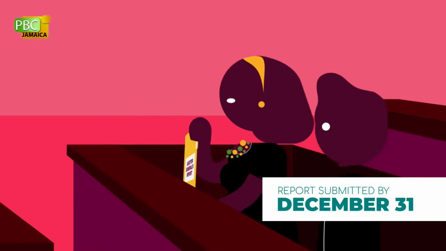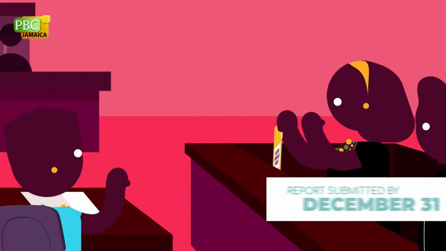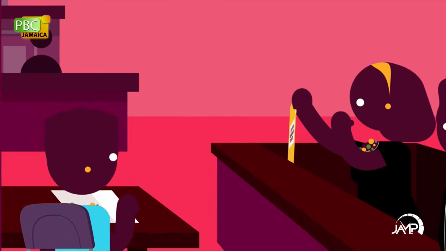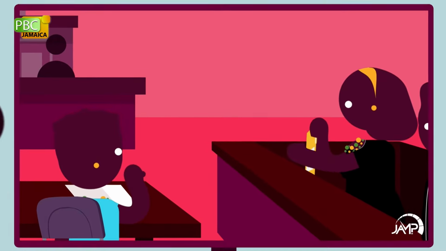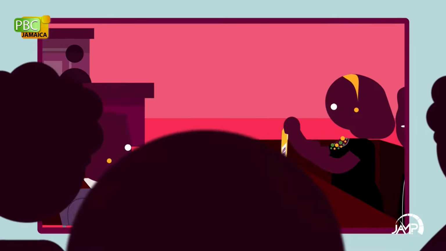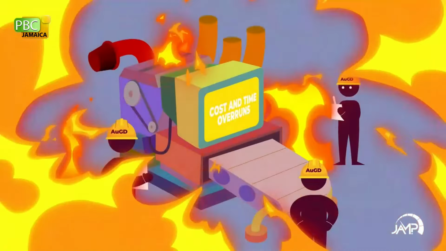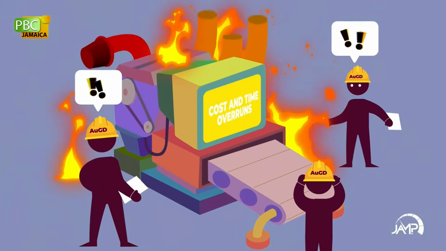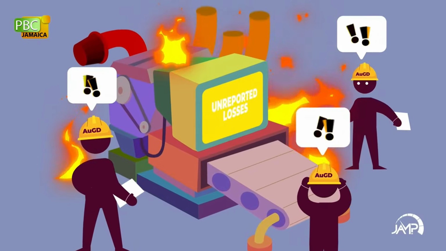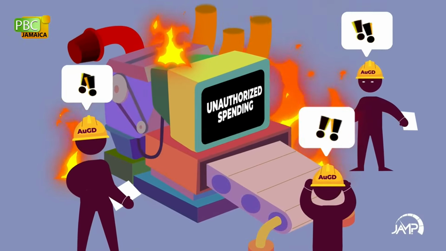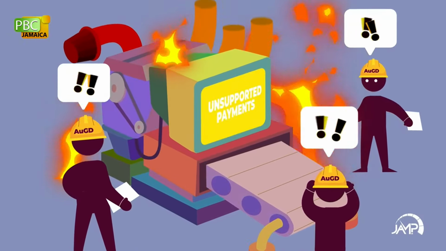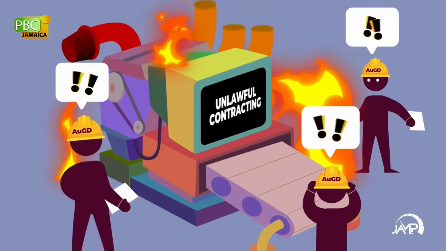On the PAC, they summon public entity managers to answer questions so that they and the public, the real owners, yes, you, can understand what went wrong. Cost and time overruns, missing financial reports, unreported losses, unauthorized spending, unsupported payments, unlawful contracting, undisclosed conflict of interest, and more.